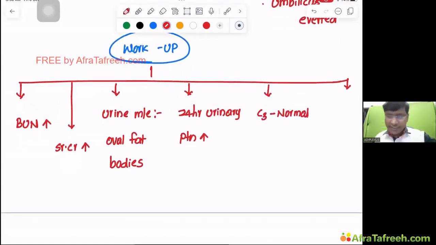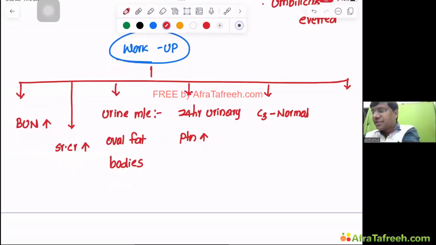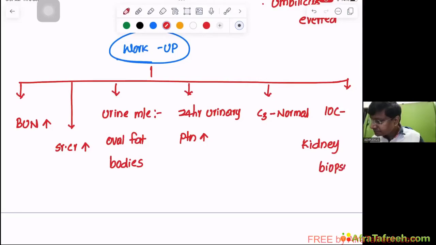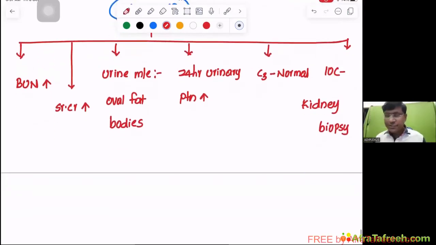But what is the investigation of choice? What is the investigation which tells you that the individual has minimal change disease form of nephrotic syndrome? The investigation of choice will be the kidney biopsy, or the renal biopsy.